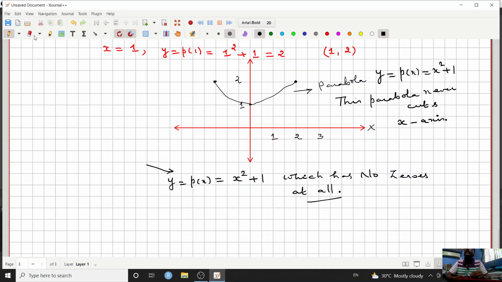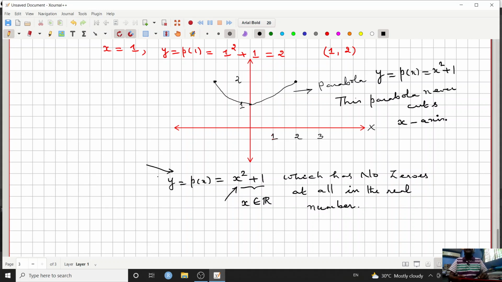In fact, let me add one more point: no zeros at all in the real number system. Because whatever your real number x may be, x can be any real number, so for any real number this expression can never be 0.